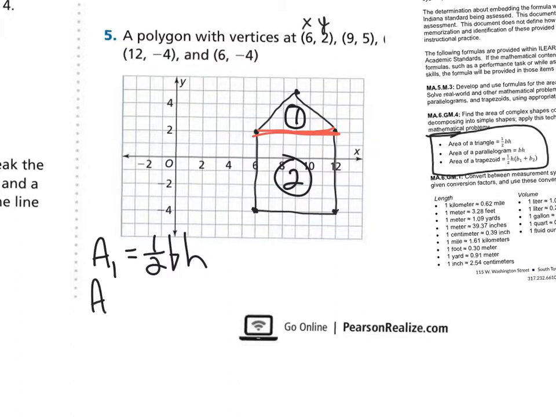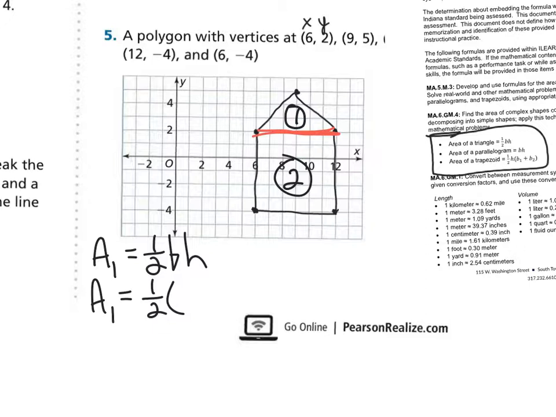I'm going to start with my formula for the area of a triangle. This is what I'm going to ask you to do when you do your tests as well. You're going to write your formula down, then substitute, and then you can use a calculator if you want to make it quicker. Always, if you have time, it's a good idea to work it out by hand and get the practice of doing them by hand as well. But if there's a lot of problems, obviously I don't expect you to necessarily do that.